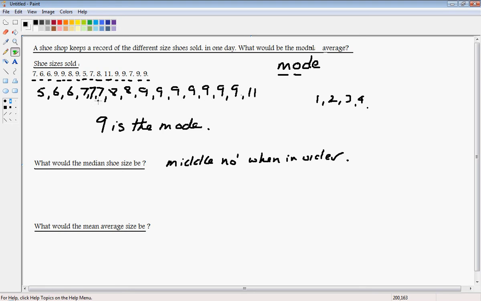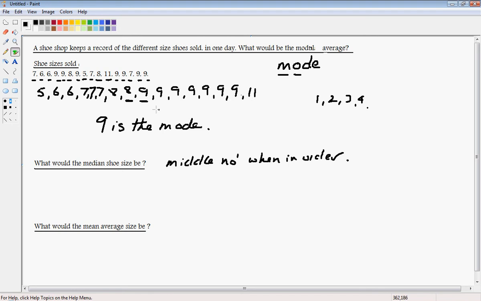So what I do is, if I've got 16 numbers, half of 16 is 8. So I go 1, 2, 3, 4, 5, 6, 7, 8. So this is the halfway mark, okay? But it's not the middle number. This is also the middle number.